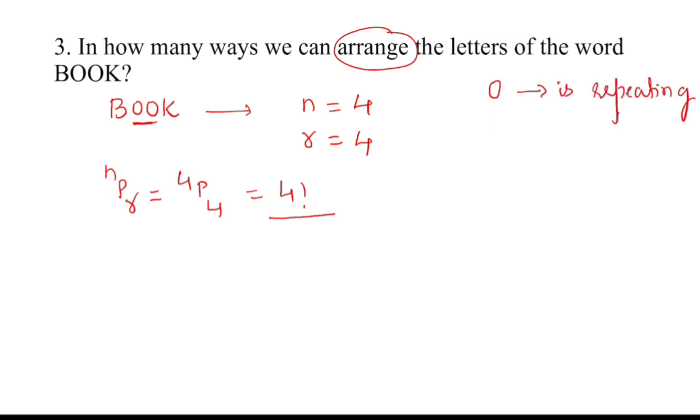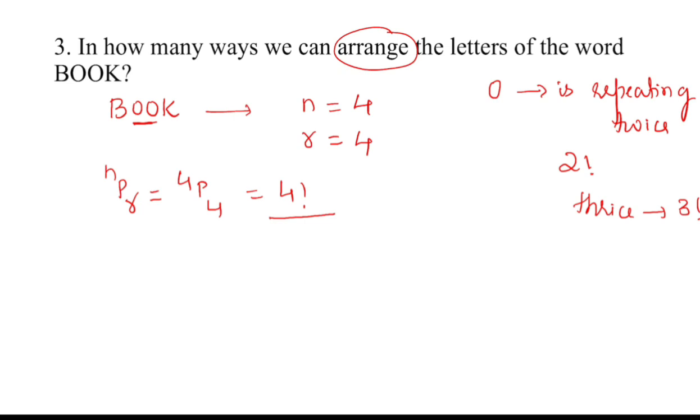Therefore, we have to divide 4 factorial by 2 factorial because it is repeating twice. If it was repeating thrice, we should divide it by 3 factorial. Is it clear? However many times it is repeating, that many factorial we have to take.